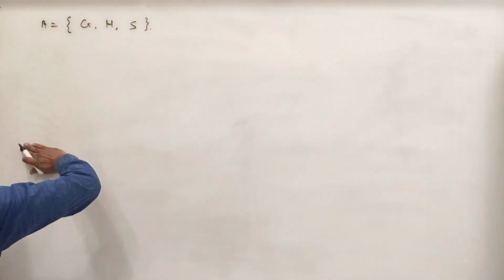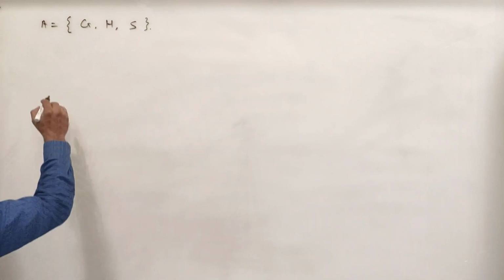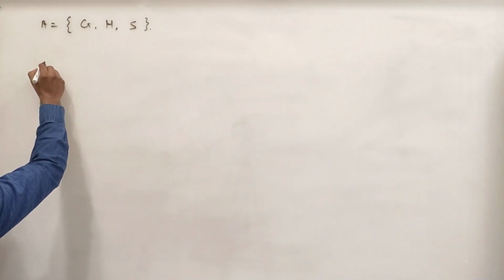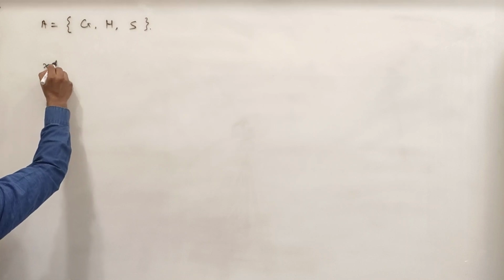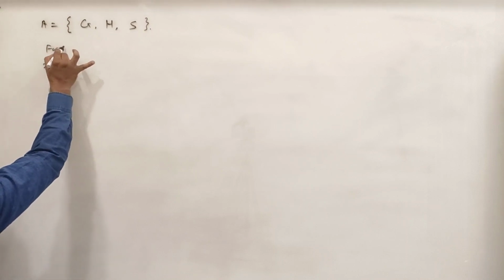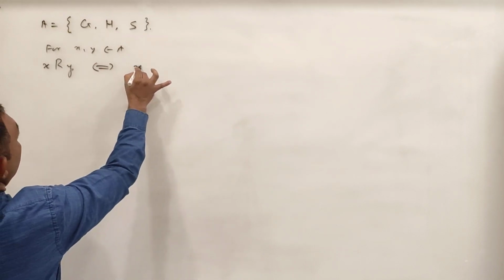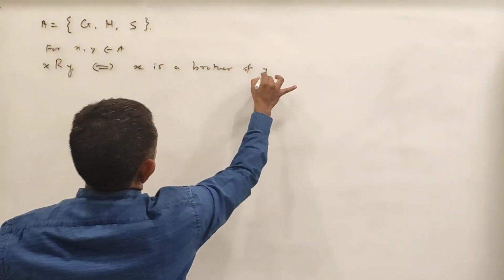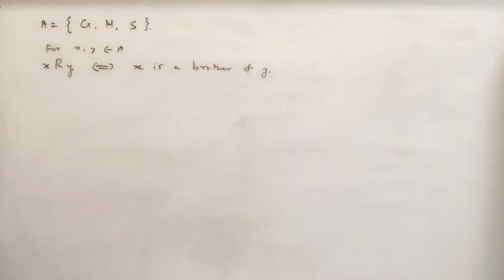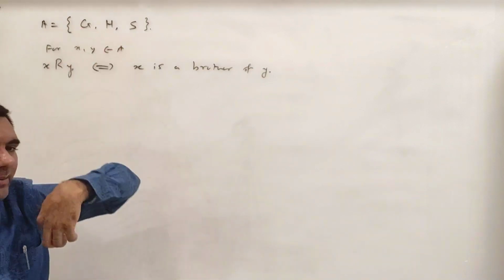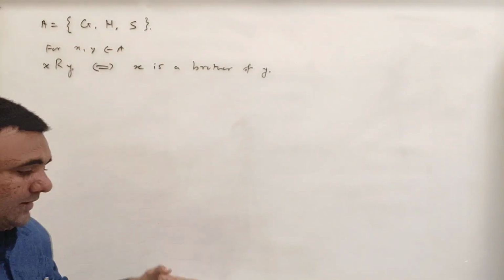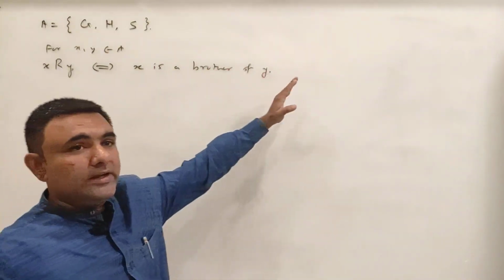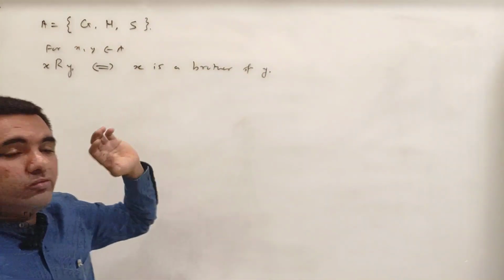Now let me define this relation. X is related to Y, for X comma Y belongs to A, if and only if X is a brother of Y. So if I pick any two elements from A, how are they related to each other? If X is a brother of Y, then we say X is related to Y.